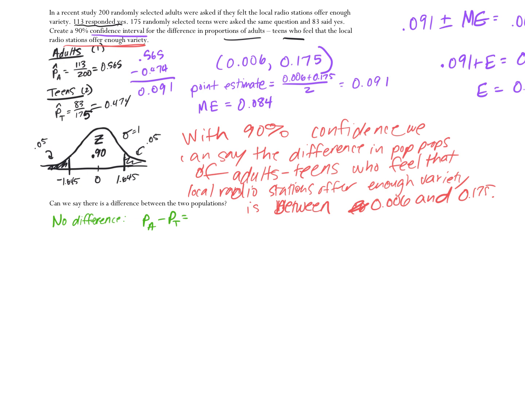The difference would be 0. So if I'm trying to decide whether there is a difference or not, this interval is describing the possible differences. Based off of this interval, can we say that the possible difference could be 0? No, because 0 is not in the interval. Is everybody with me?